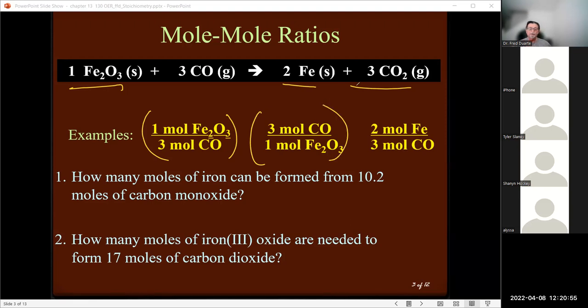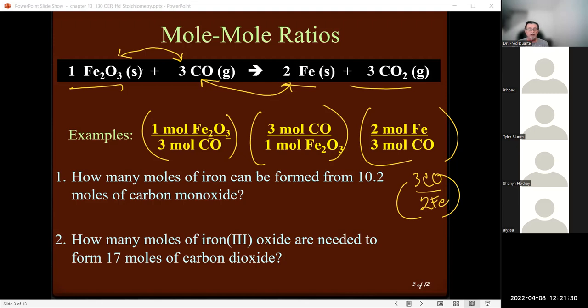All right, now, that's the balanced chemical equation, and we can write ratios between the 2 reactants, where I got a 1 iron 3 oxide over 3 carbon monoxide, or I can invert it, okay? So that's the relationship between the 2 reactants, okay? So now the next one here, that relationship is between the iron and the carbon monoxide. So basically I can have 2 ratios for that relationship, okay?